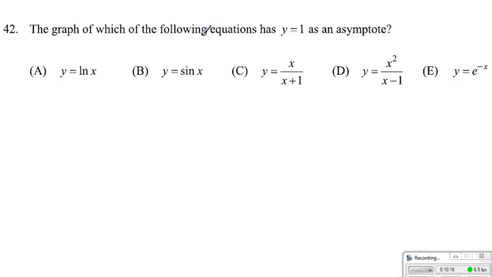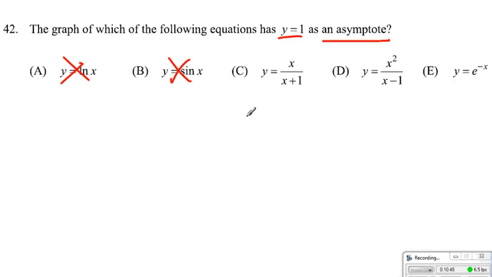Now, which one of them has y equals 1 as an asymptote? Since y equals 1 is a horizontal line, we are looking for a horizontal asymptote equal to 1. In the case of ln of x, it's an ever increasing function, slowly but surely. So this one is not it. Sine of x is an oscillating function, therefore this is not it either. Now we have these three candidates.